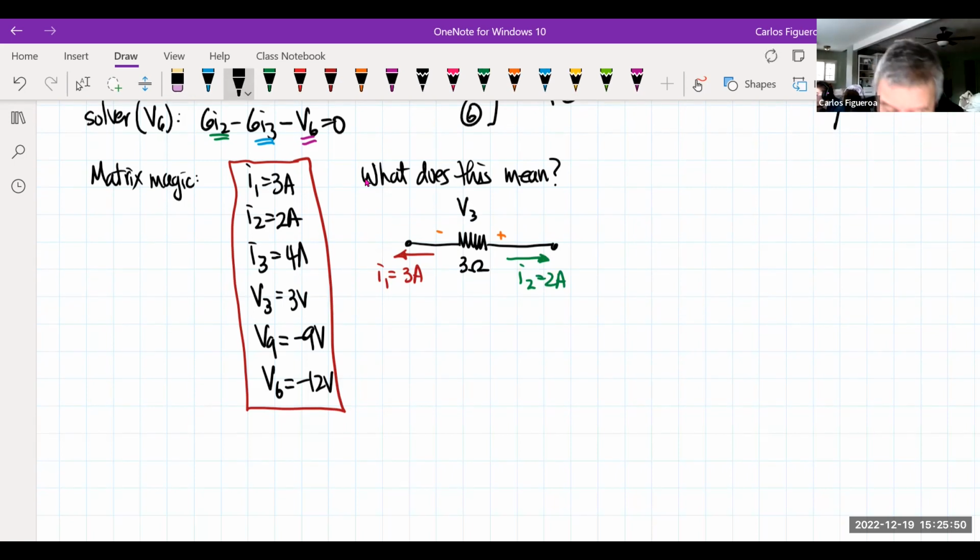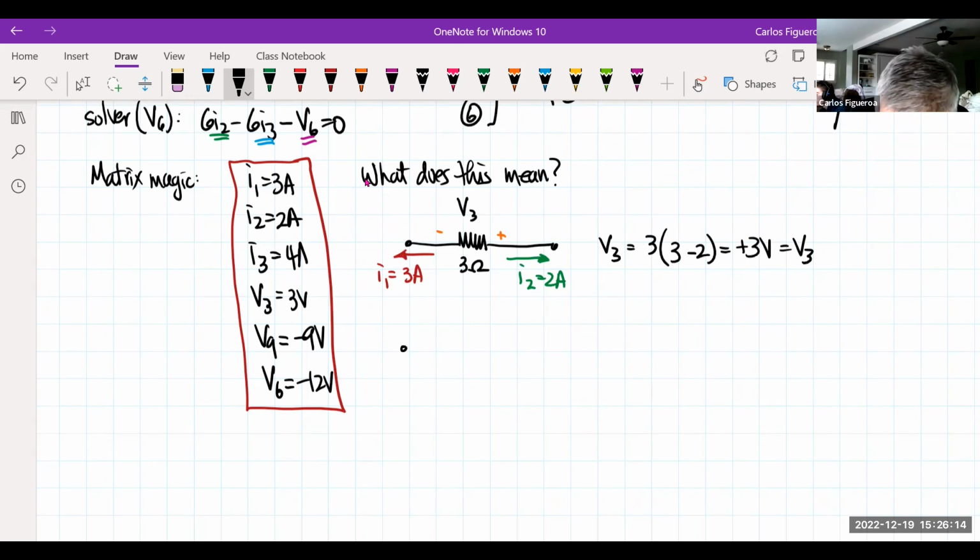So according to Ohm's law, V3 should be 3 times the difference in the current, which would be 3 minus 2, which then gives me a positive 3 volts. Check this out. This is exactly what V3 is equal to. So the calculator showed me right away.